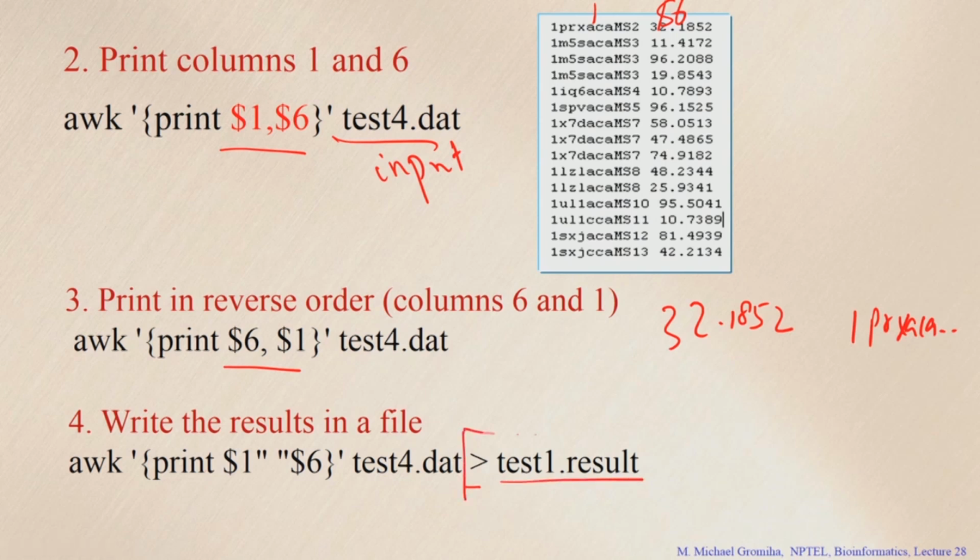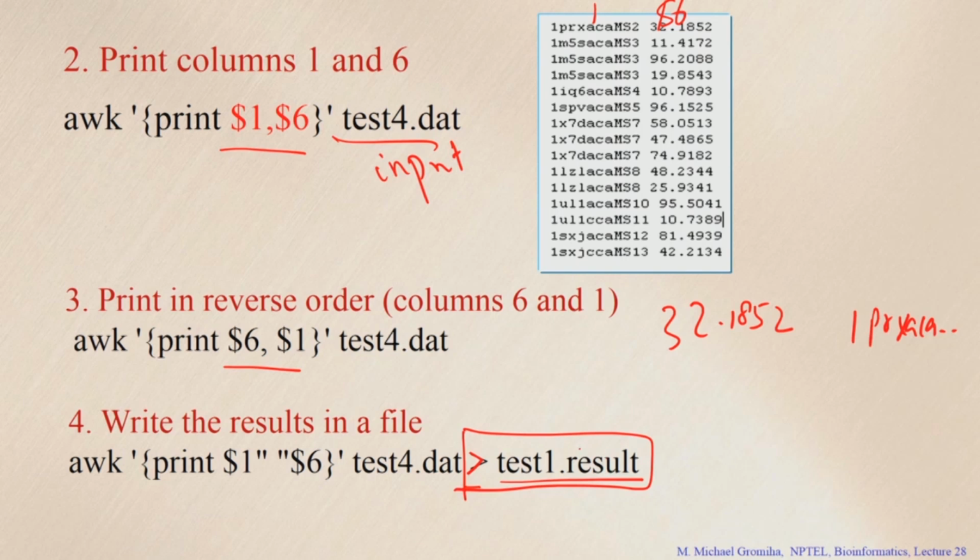This is the extra part we give. It is the same awk print $1, $6, and you need to specify where you want to write. You put the greater than symbol, and the output will go to the file you specify, which you can see is test 1 dot result.